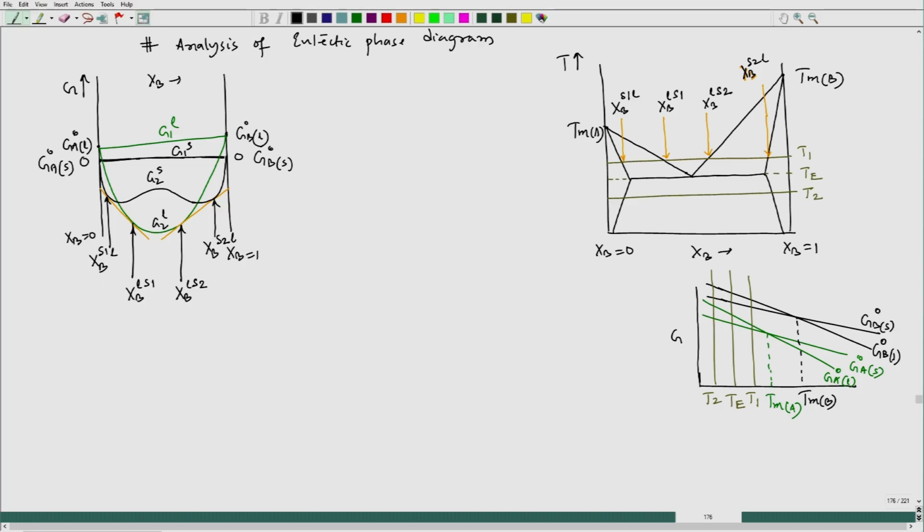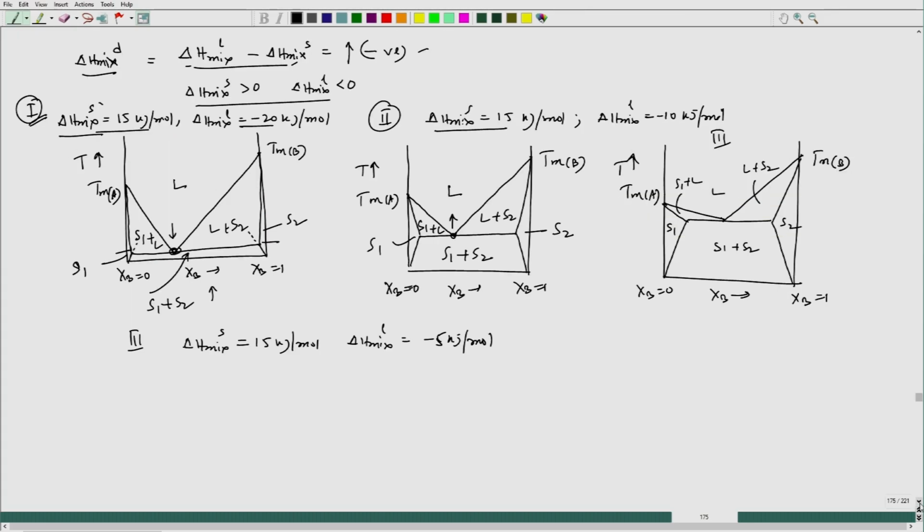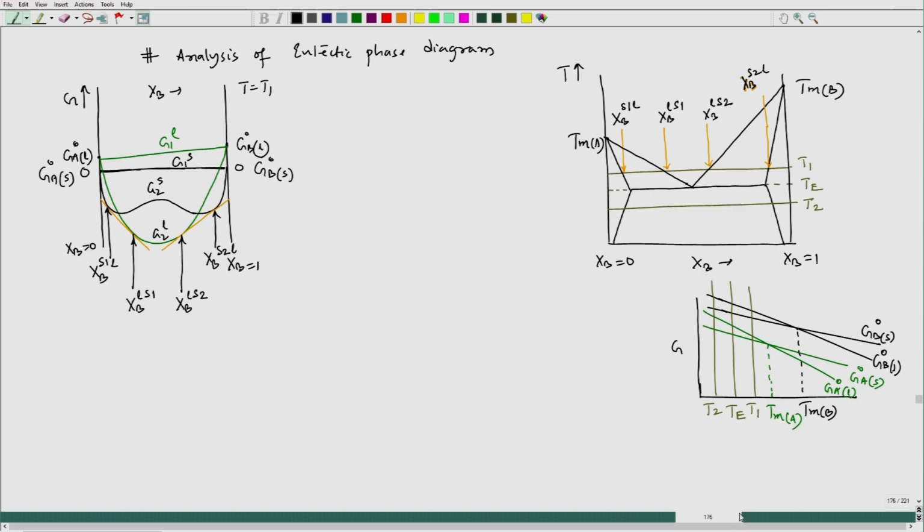But can we have some other common tangent? Yes, I can have a common tangent at temperature T1. That common tangent, let me do it with a different color so that it can be understood properly. If I use the red ink, that common tangent will be passing through this.